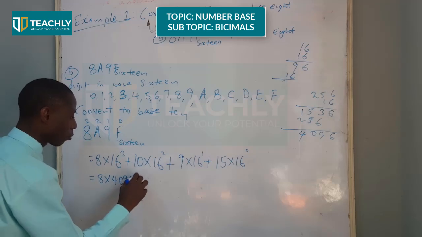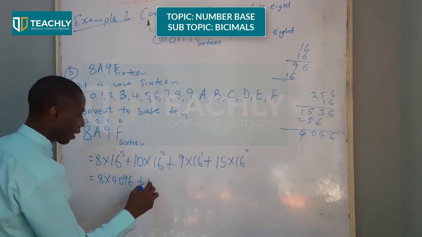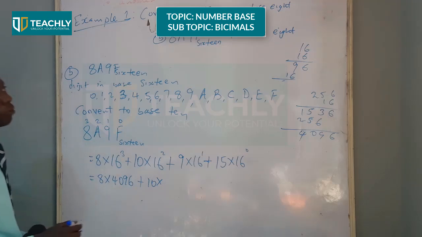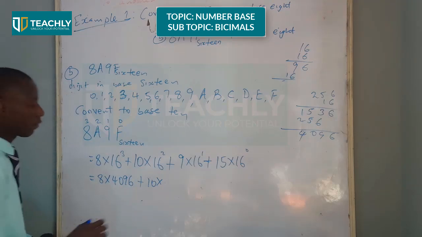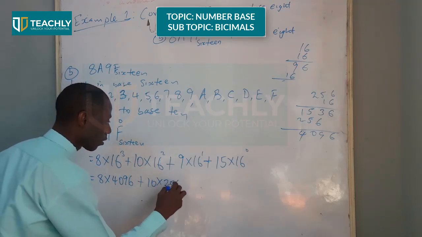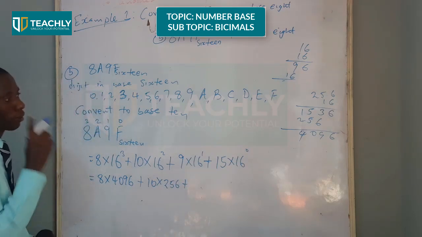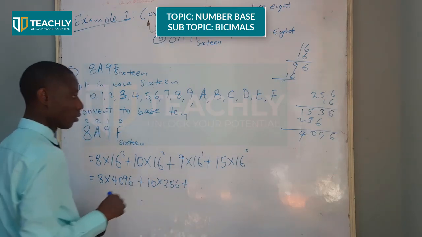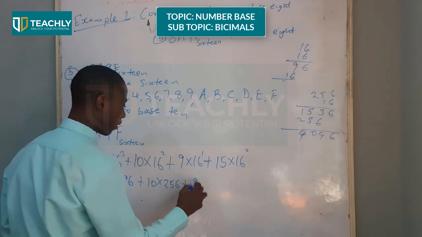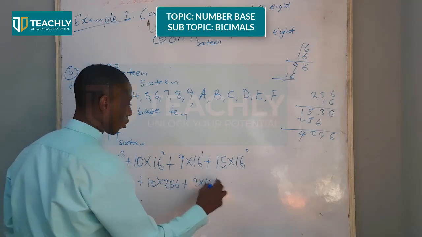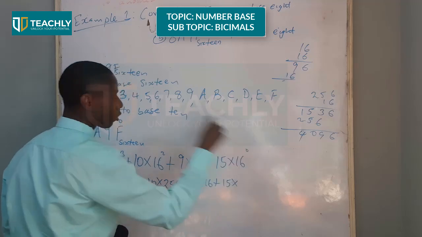So 4096 times 8, plus 10 times 16 squared, which we already know is 256. Then 9 times 16, plus 15 times 16 to the power 0, which is 1.